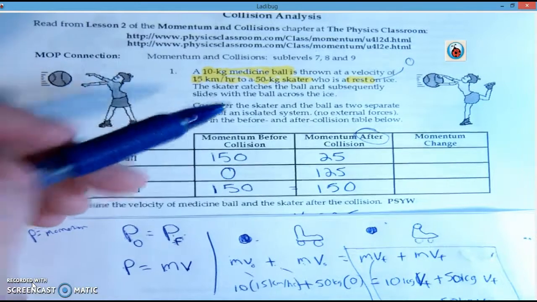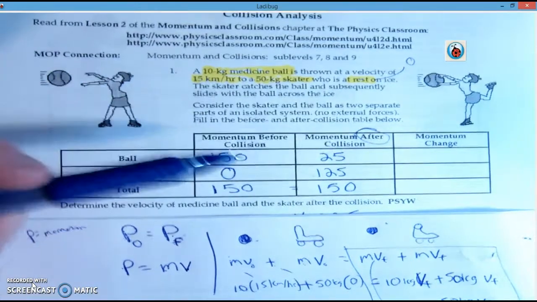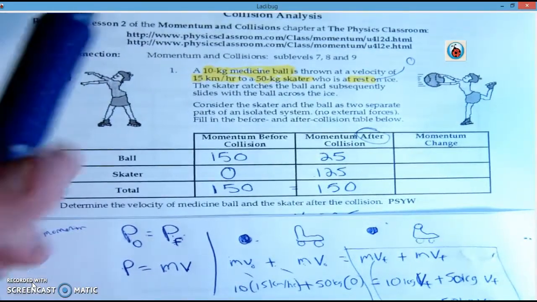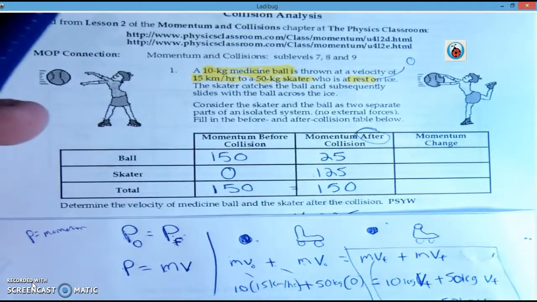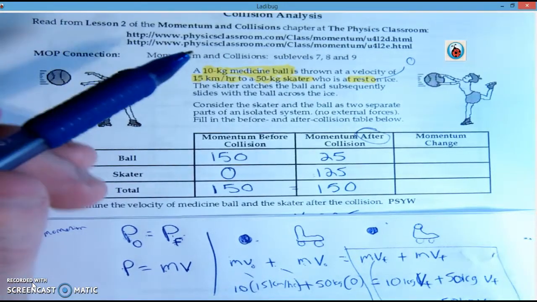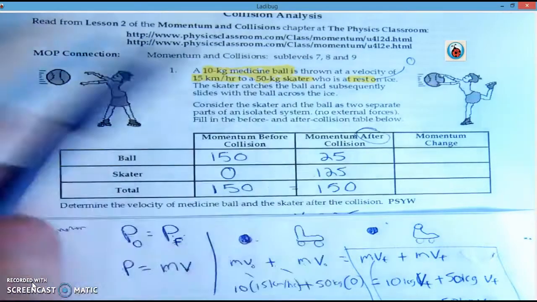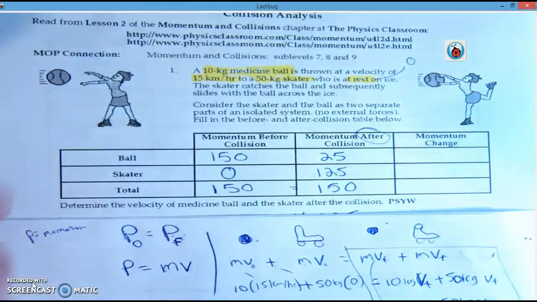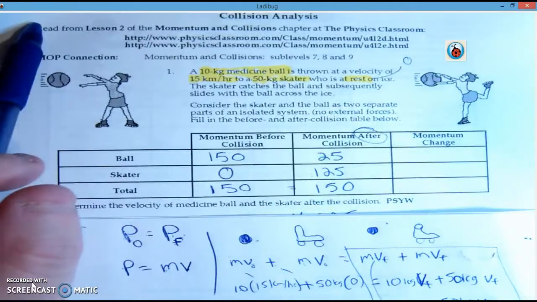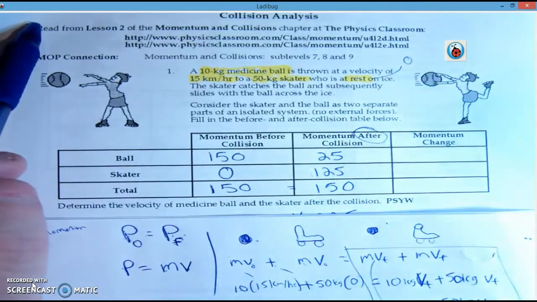So that's easy, right? Now the momentum change. So don't mess this up, because you can easily mess this up when you start thinking of an easy way. You got to think of direction when you think of momentum change. One direction is positive, one direction is negative. Okay?